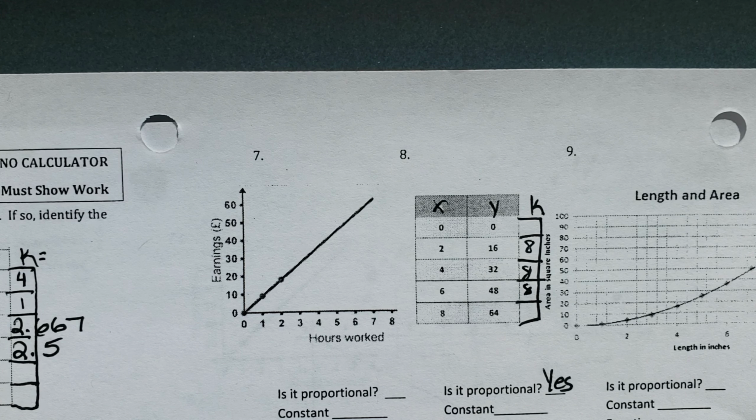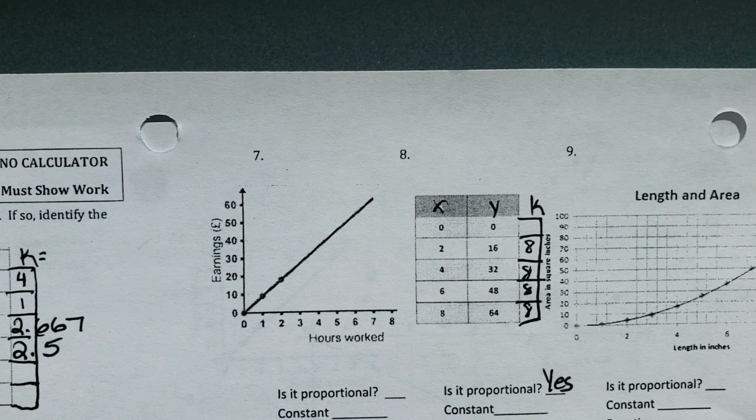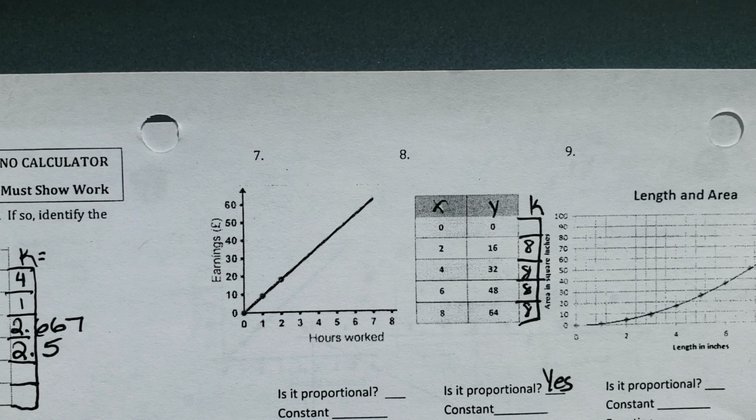And 64 divided by 8 is also going to give me 8. It's very important that you check every single one of those, because at some point you might get one and it'll have 7 at the bottom, or the last one will be 6. Who knows? Check every single one. All right, so we already know that it's proportionate, and our 8's right there tell us so as well.